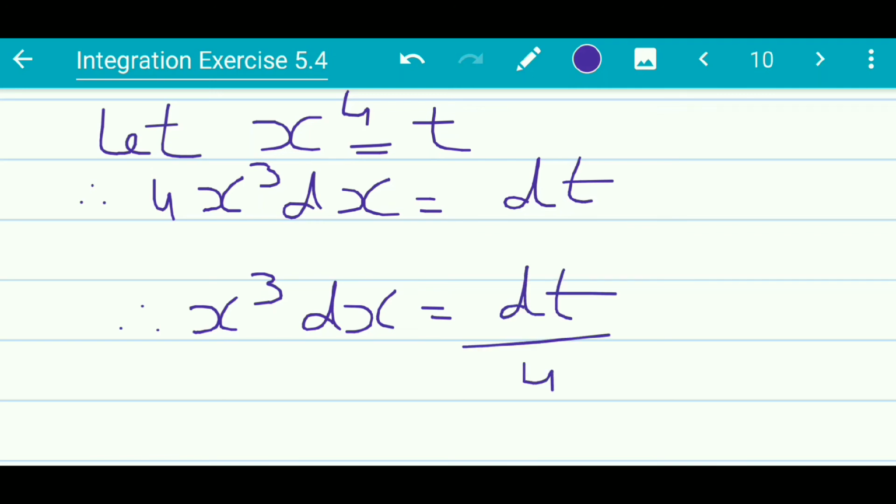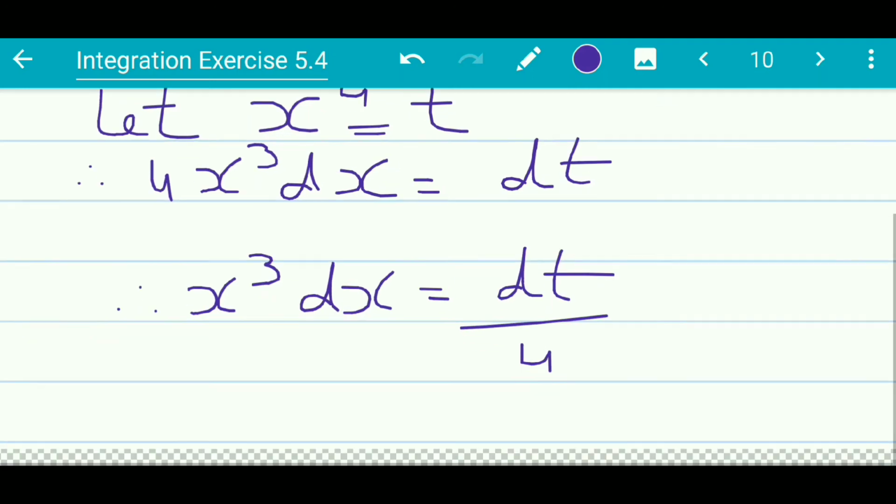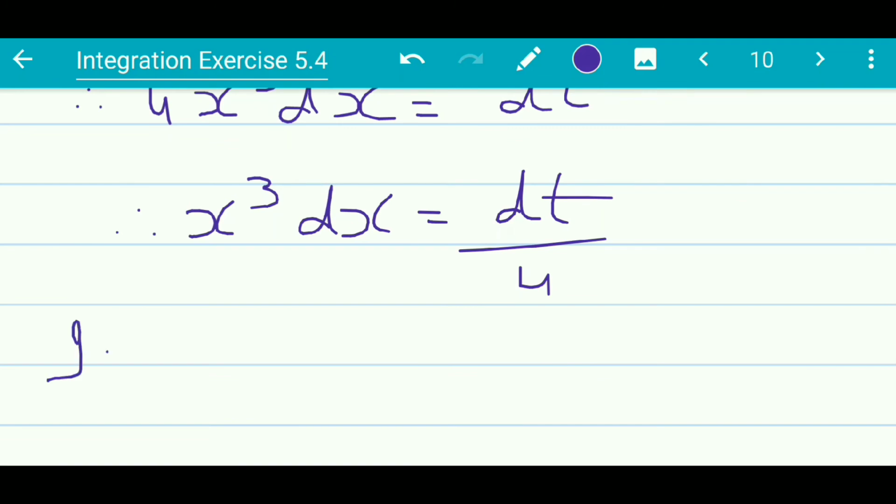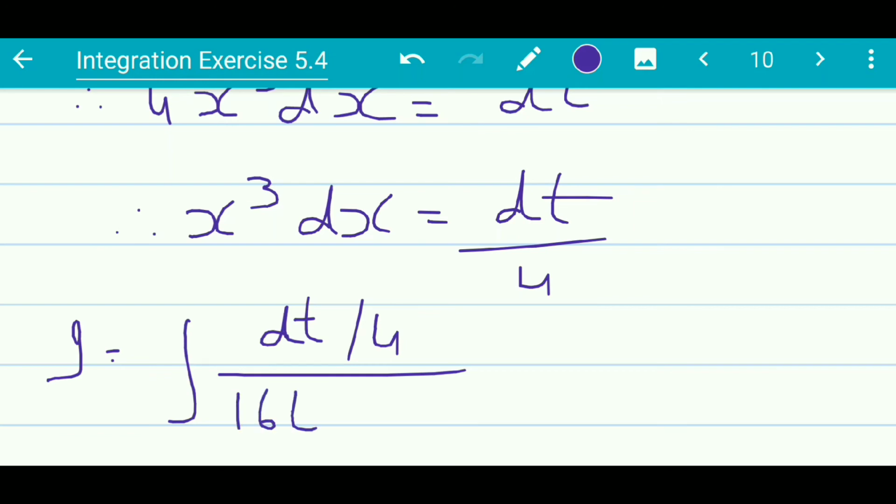Now upon getting this, our integral becomes I is equal to integral of dt by 4 upon. Originally in the denominator we had 16x raised to 8. Now x raised to 4 is t, so x raised to 8 becomes t square. So we have 16t square minus 25.